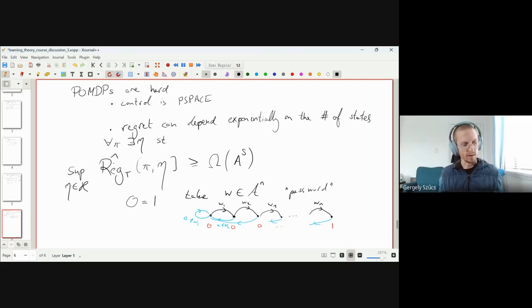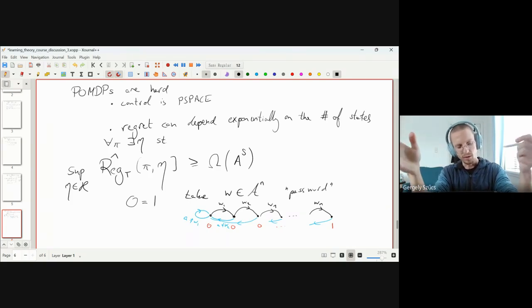Right. And then I guess this is not quite a regret bound. It doesn't say anything about the time. So it's still learnable, because once you figure out the password, assuming the rewards are observed, so you get 1 reward, from then on you know the password and you can keep entering it.